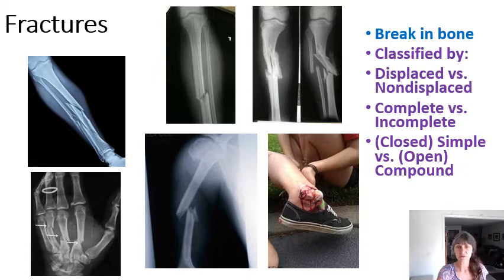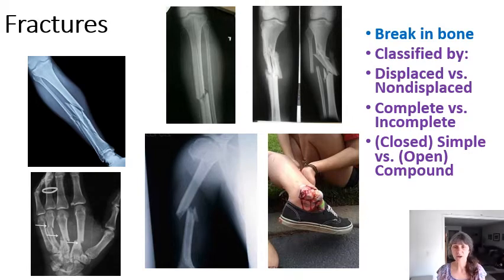There's a lot of displacement going on in that particular fracture in the shaft of the humerus. If we look at whether or not the bone has broken all the way through or just partially through part of the bone, then we call that complete versus incomplete.